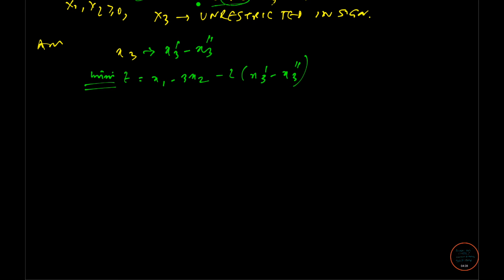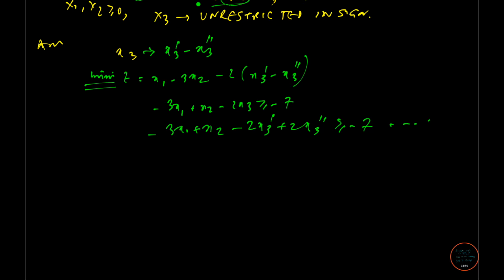Please write the equation in your copy, it will be easier for you to cross check. So minus 3x1 plus x2 minus 2x3 greater than or equal to minus 7. I'm multiplying by minus on both sides. Now our job is to add the unrestricted sign. So minus 2x3 dash plus 2x3 double dash.